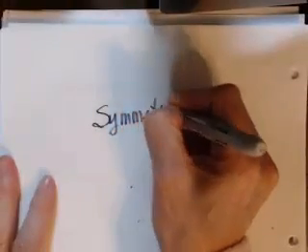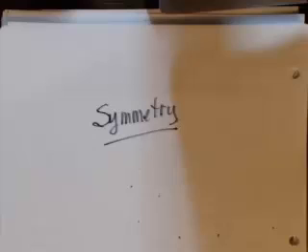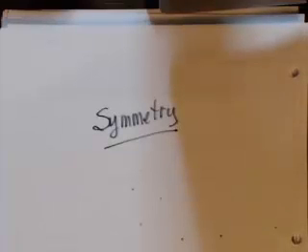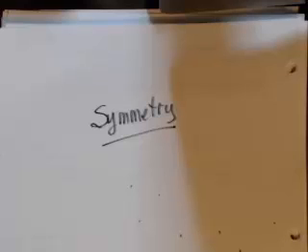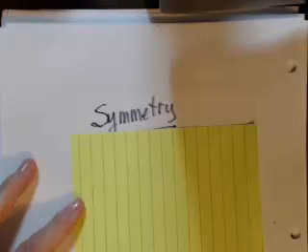Also want to review with you now terms that we used a little bit with our billiard table activity, and that is symmetry. If you have a shape that you can fold onto itself with a vertical line, then it has vertical line symmetry.